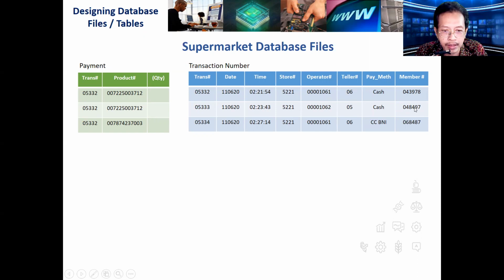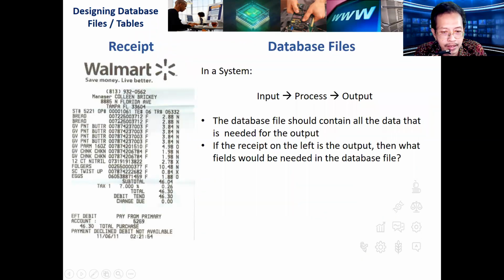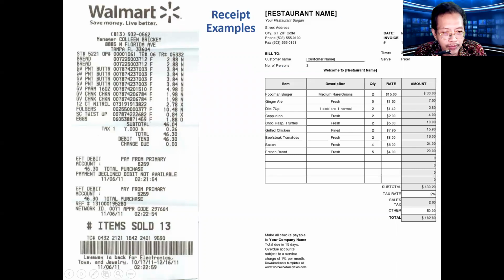For that one transaction, there are 3 items that are being bought. Now here, there are actually 2 ways to show it. If you remember here, for every item you buy, you put it once. So if you buy 4 items, then you would be showing it 4 times.